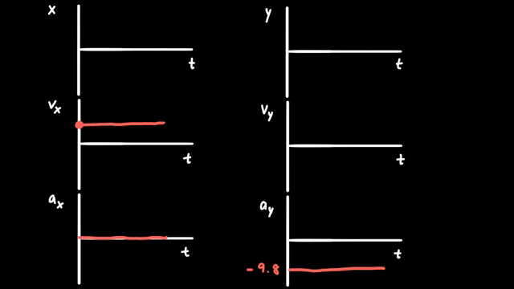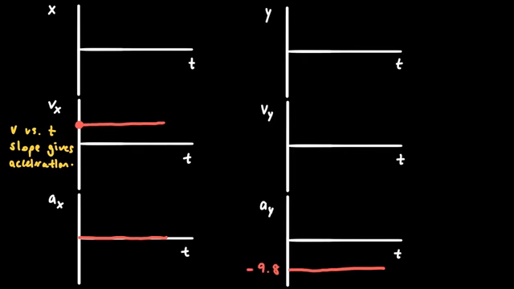And the reason for that is the slope, the v versus t slope, gives the acceleration. And so if my acceleration is a constant value of 0, this line better have a slope that has a constant value of 0.